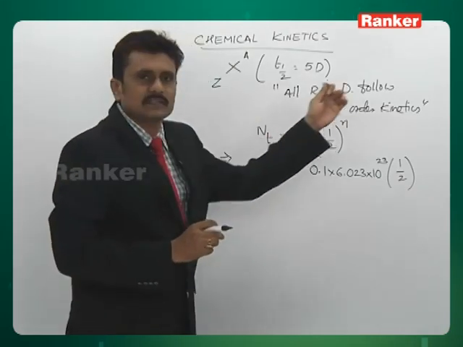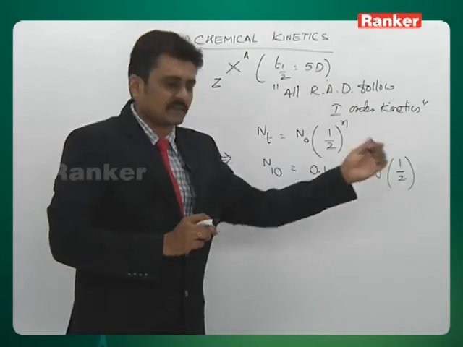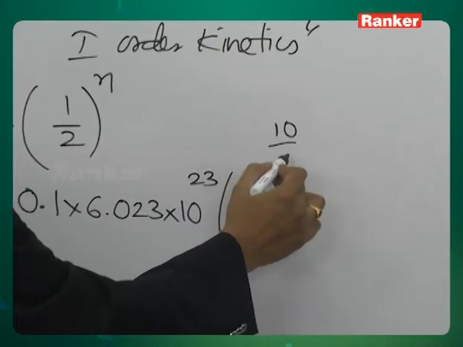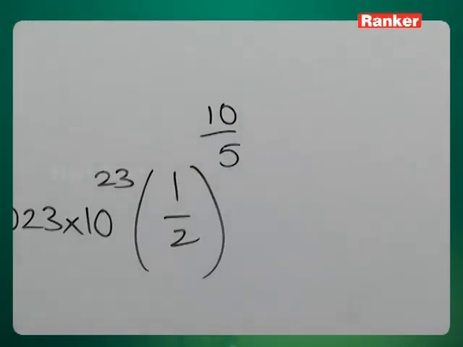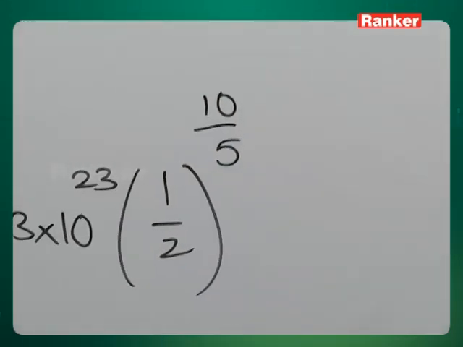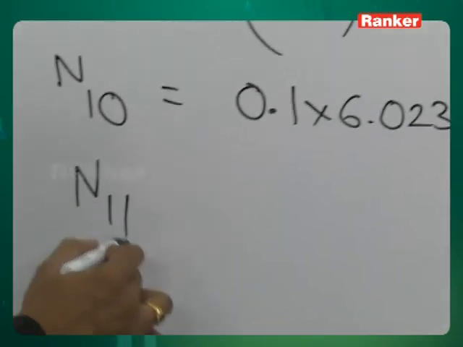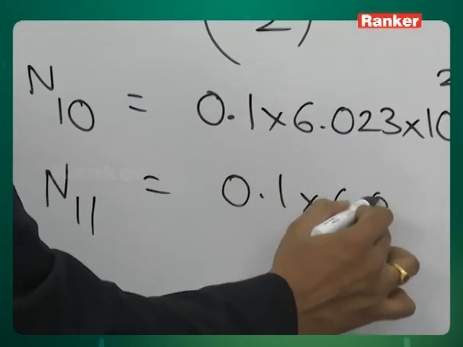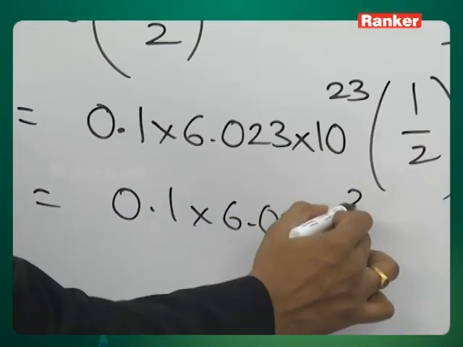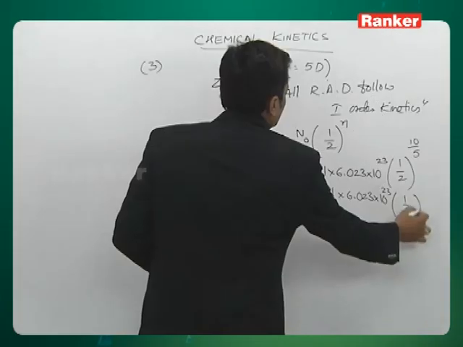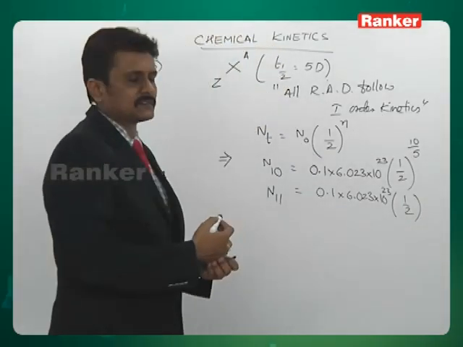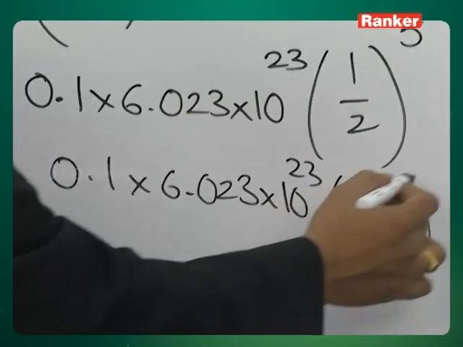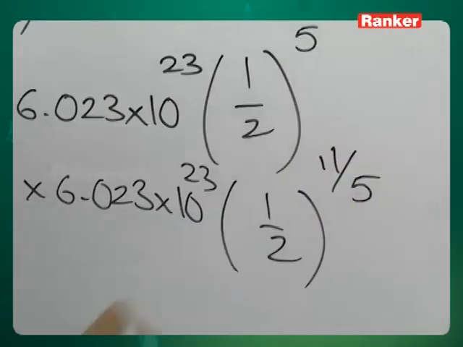If every 5 days represents one half-life, after 10 days it will become how many half-lives? 2 half-lives, right? Similarly, you have to find the number of nuclides remaining after 11 days, which is equal to the initial number of nuclides into 1/2 whole power number of half-lives. For every 5 days it is one half-life, so for 11 days it will be 11/5 half-lives.